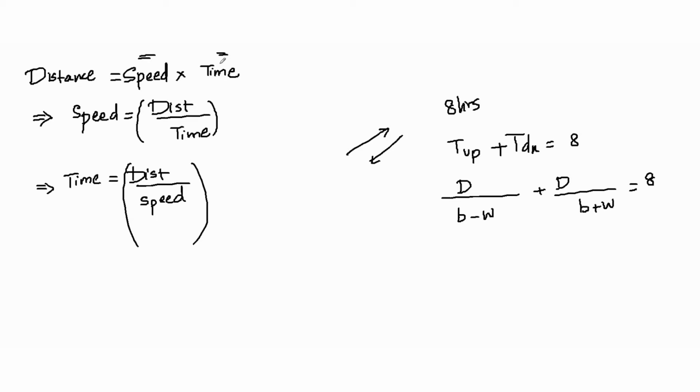So it entirely depends on the question which of the relations should be picked. Generally, always look for the given quantities, and then you should filter out which of these equations are required, right? So now let us take some questions based on speed, distance and time, as well as upstream, downstream, and things should be clear.